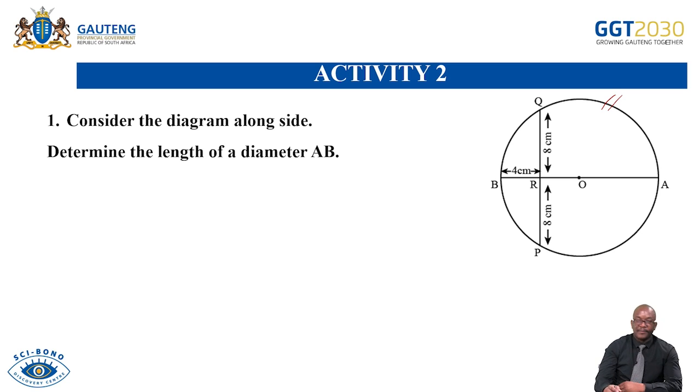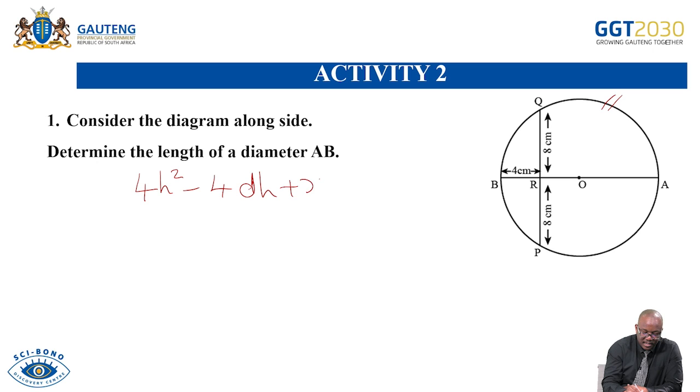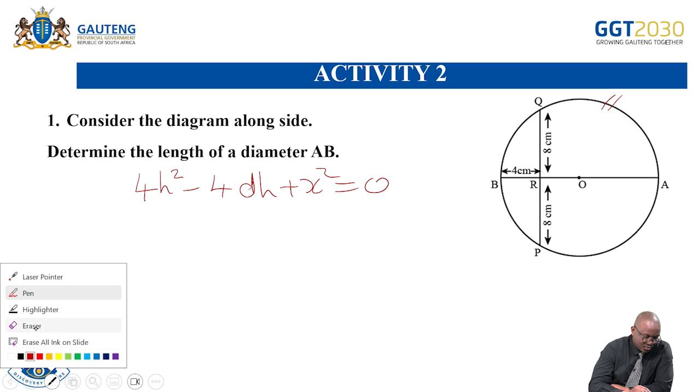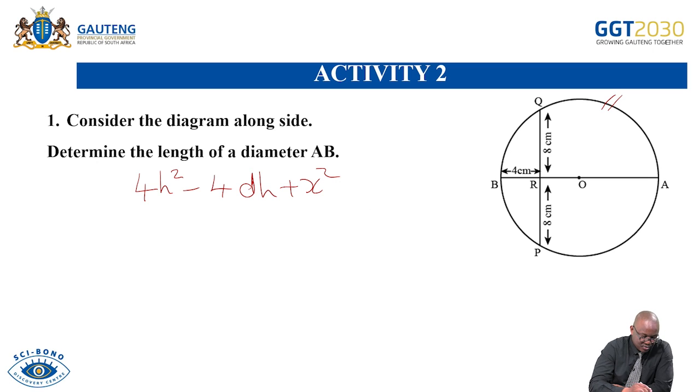Remember, if you are having this type of question, the first thing that you will do is quickly run to your formula sheet, and then you rewrite that formula in full. One of the mistakes that learners do most of the time is to omit the equal to 0.